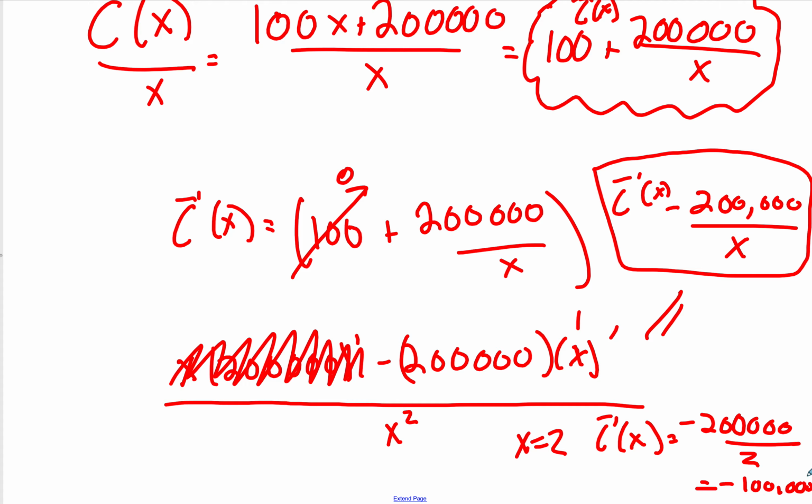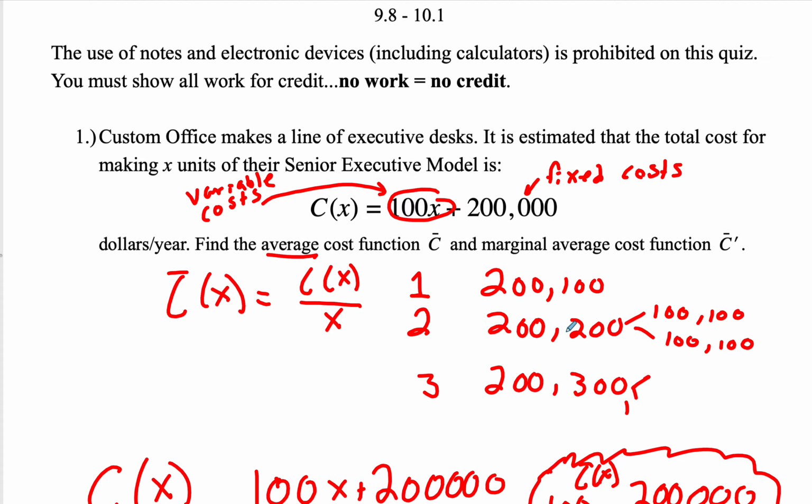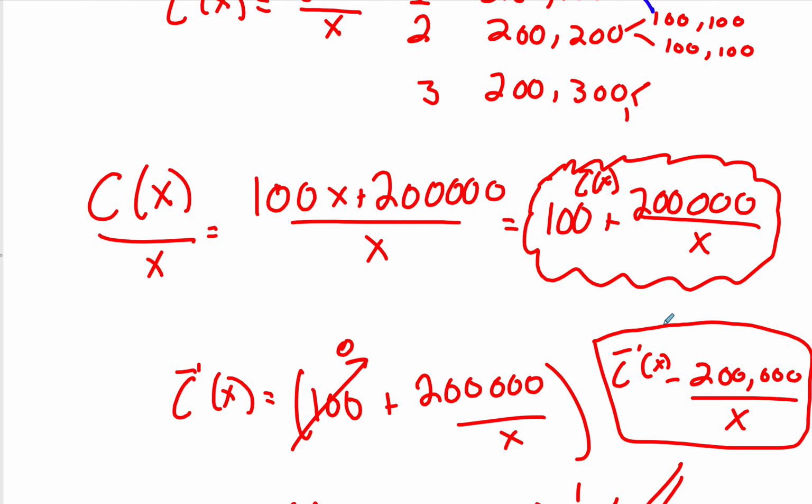We can see when we get to this number 2 that the difference between 1 and 2 is $100,000 less per unit.